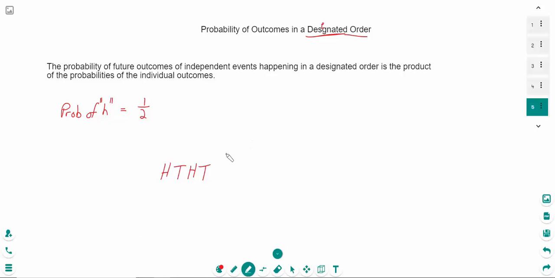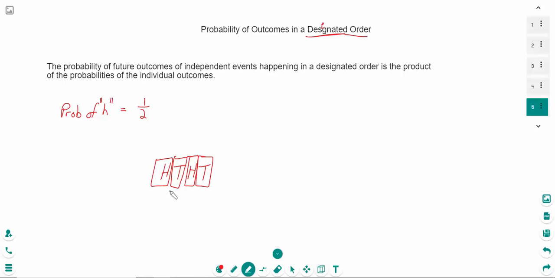All right. Now to know this, there's a rule here. Okay, and that is it's a multiplication rule. So if we're looking for something in a designated order, and we want that order, we would find the probability for the first event, multiply that by the probability of the second event, multiply that by the probability of the third event, and multiply that by the probability of the fourth event.